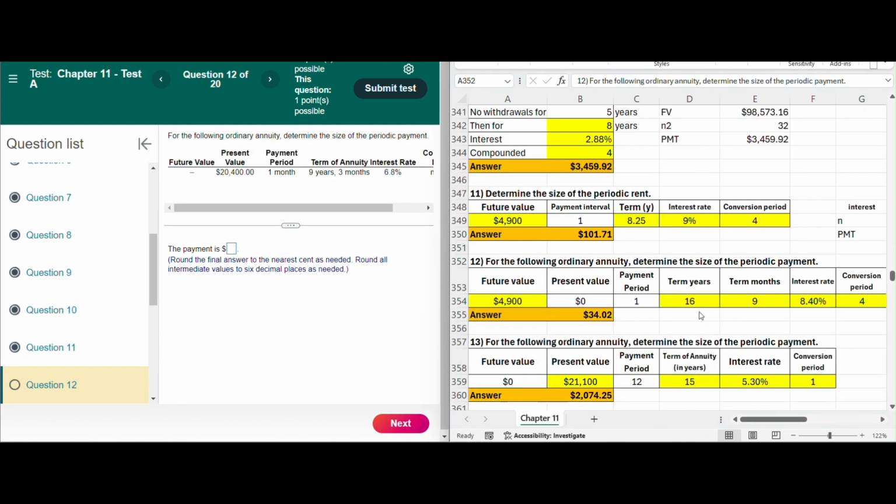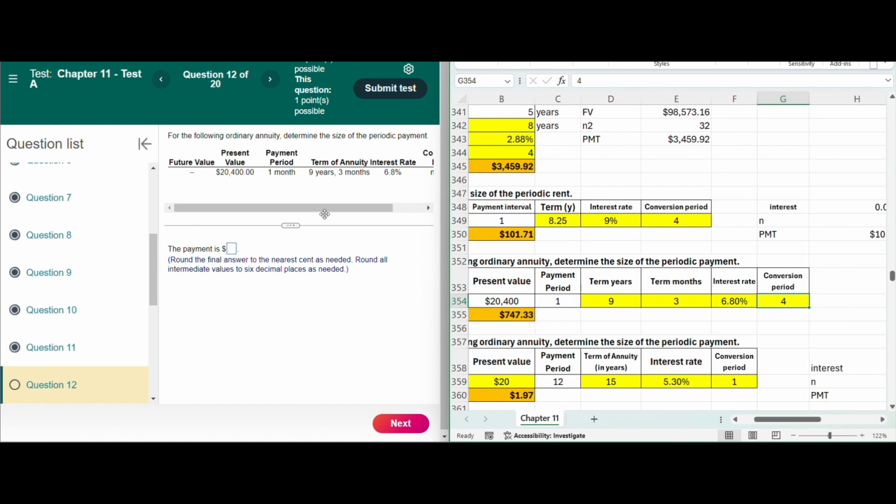So I want to show you here we have similar questions, so you have to identify which of these are going to be helpful to you. So read carefully. It says term of annuity 9 years 3 months. So the one that you are going to use is this one because it has the space for term years and term months.